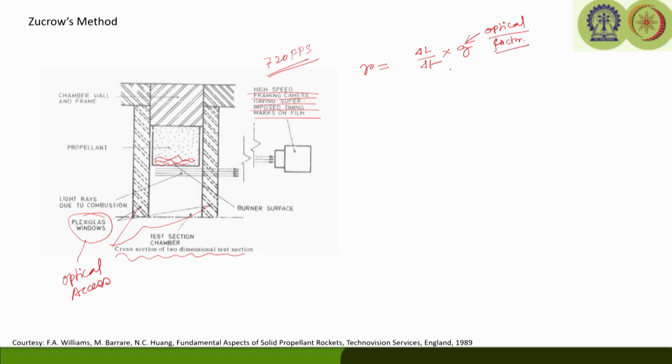That factor has to be taken in a bomb type of setup. If you recall, we talked about the Crawford bomb. There also, if we try to measure the burn rate of the propellant sample, we can view it through some optical window. So, this is burning, let us say this is the optical window.